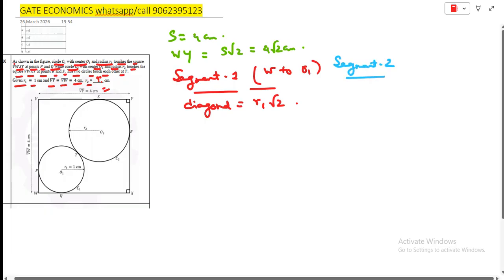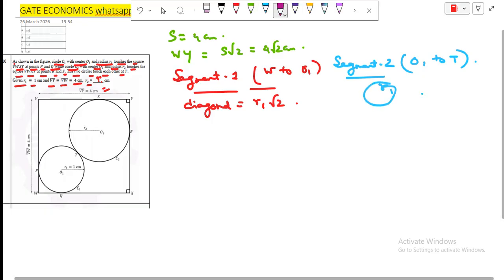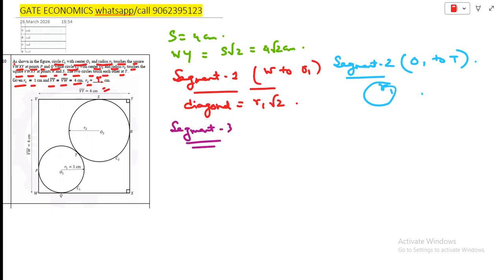Now it's time for segment number 2. And what's this? O1 to T. Okay, now this is just radius R1. Now segment number 3. And what's this? TO2. Okay, now this is the radius R2.